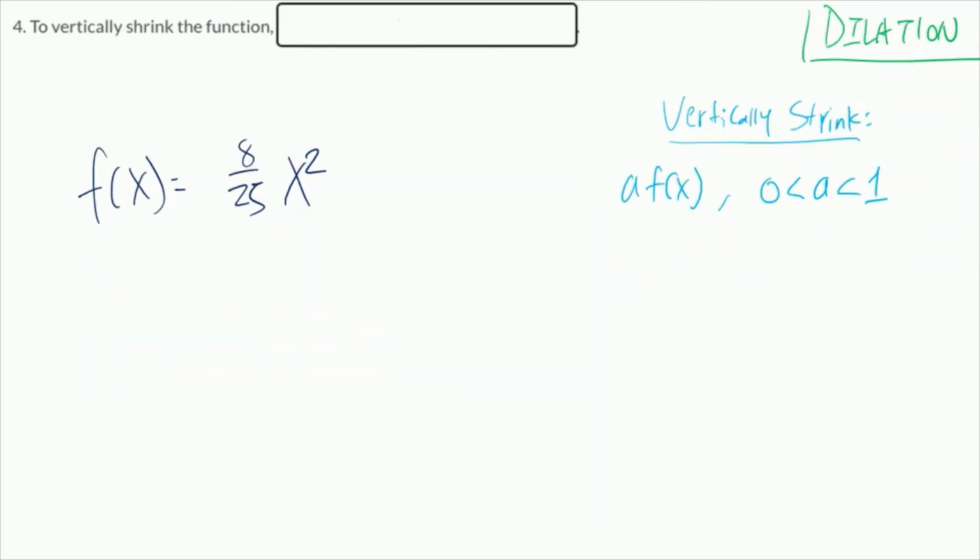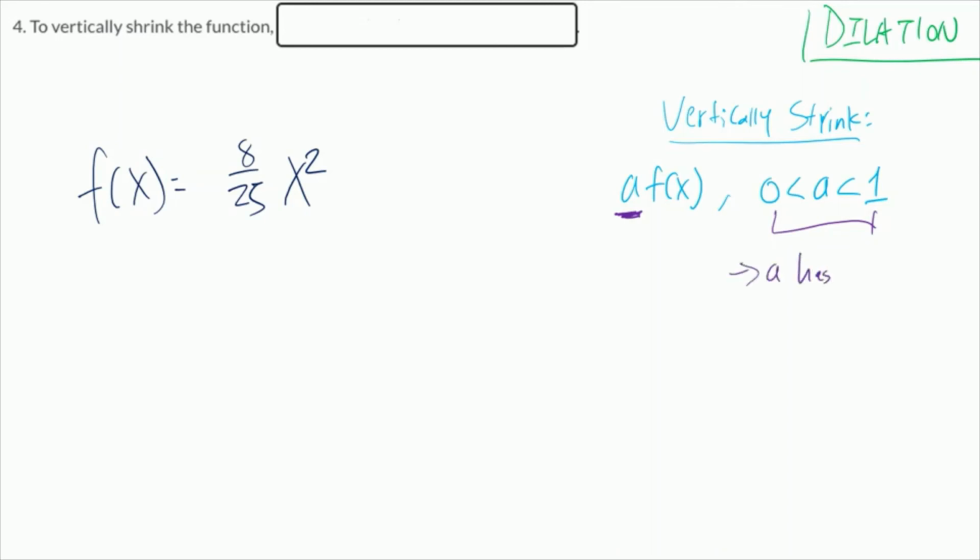4. To vertically shrink the function, blank. In order to solve this, we must recognize that this is a dilation problem. So in order to vertically shrink a function, you must multiply the whole equation by a. Now, one limit here is that a has to be less than 1 but greater than 0. So let's write that.